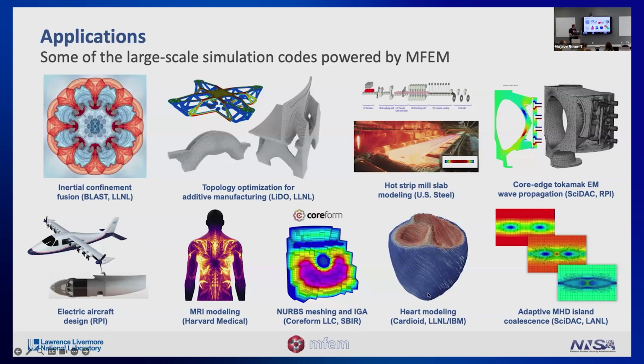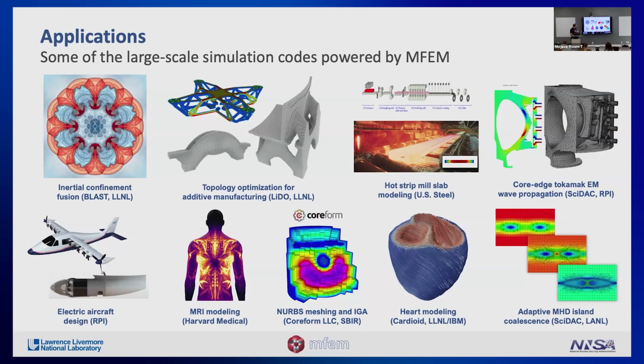There are also applications like MRI modeling, and interesting things like electric aircraft that people do. This is just a sampling. Of course, people do many more things, but it's an example of what you can do with MFEM if you choose it as the foundation of your application.